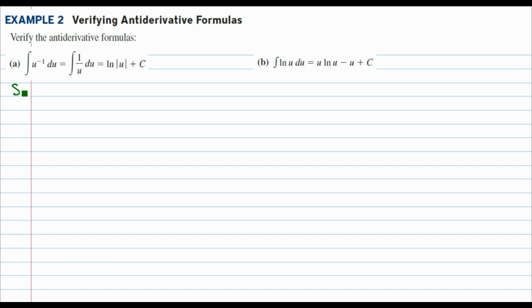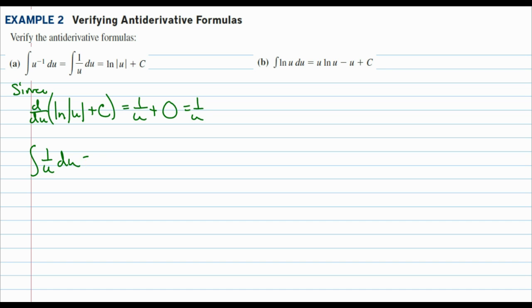I can simply say, since the derivative, with respect to u, of the natural log of u plus c is 1 over u plus 0, in other words 1 over u, I can then say that the antiderivative of 1 over u du is, backwards, the natural log of the absolute value of u plus c.